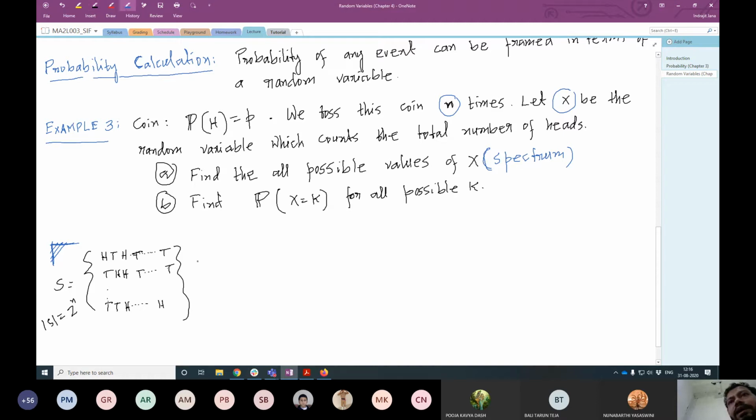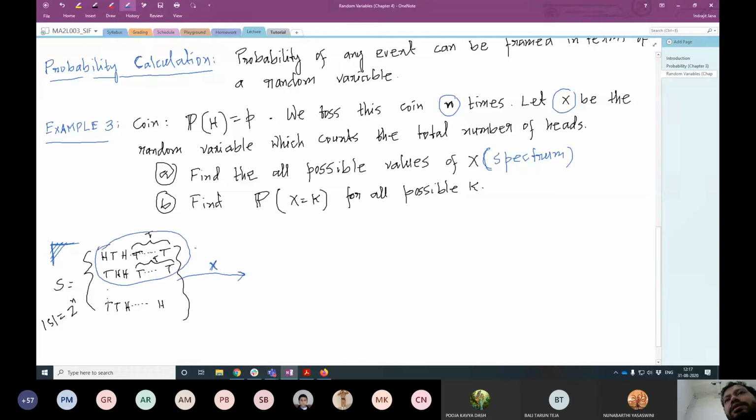So this random variable X, what it is doing is translating these sample space elements to some numbers. It's counting the number of heads. So, for example, suppose all of the rest are tails. If you look at the first two events, you see that the number of heads is 2 here.